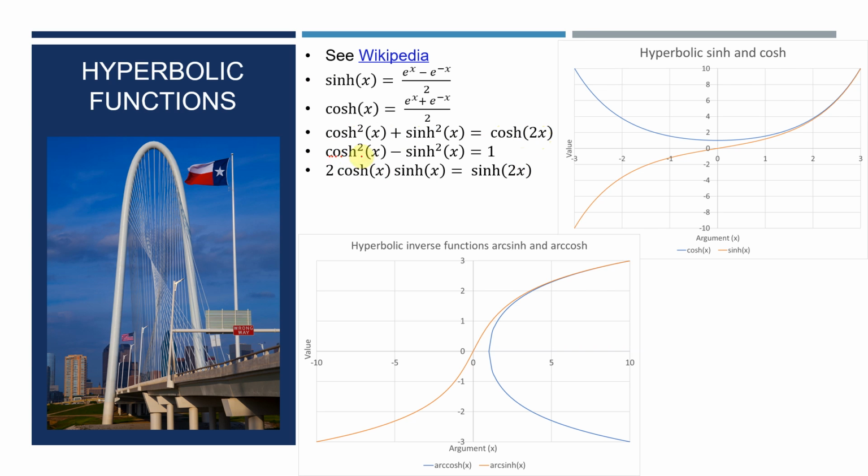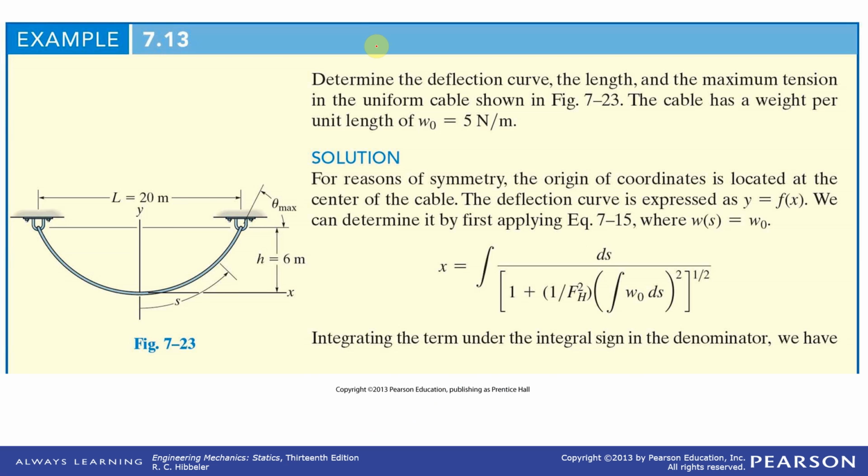Regular trig functions, if you add the squares of the 2, you get 1. Well, in this case, when you subtract the squares of the 2, you get 1. And here's a double angle formula, or double the argument. It's hard to call it an angle. Okay, so we have this situation, cable under its own weight, 20 meters, h is 6 meters, and W naught is 5 newtons per meter.